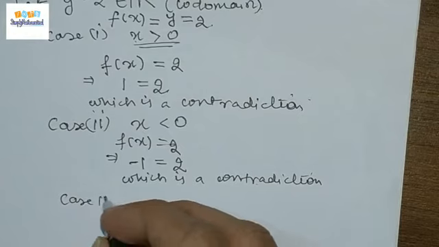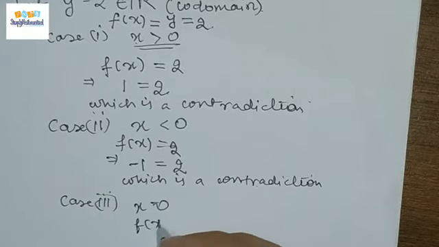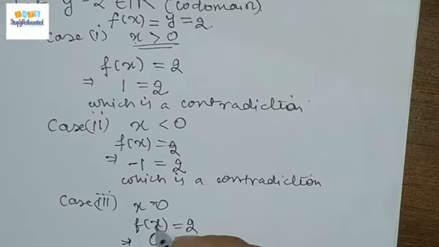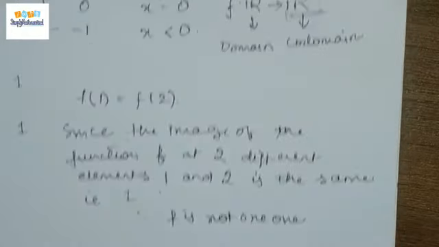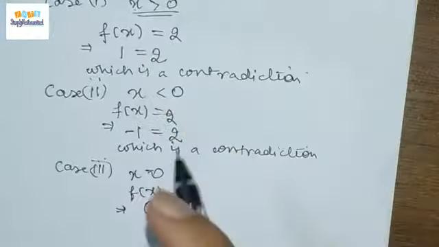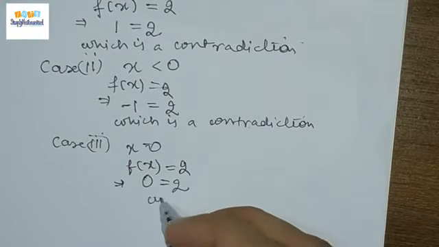In case 3, similarly, x is equal to 0. So f(x) is 2, but when x is equal to 0 the definition of the function is 0, so f(x) is 0, which is equal to 2, which is again a contradiction.